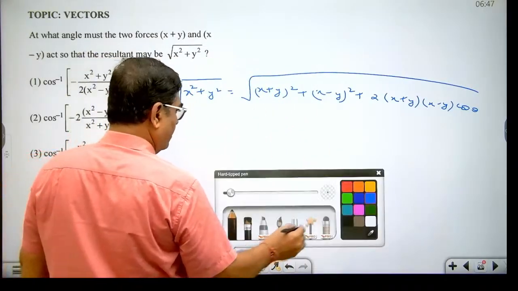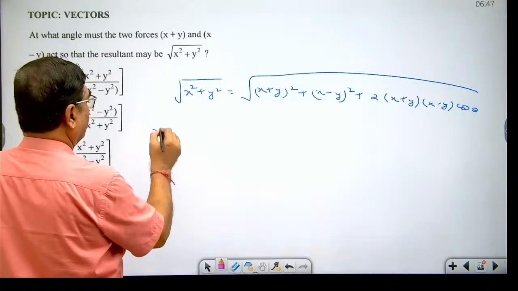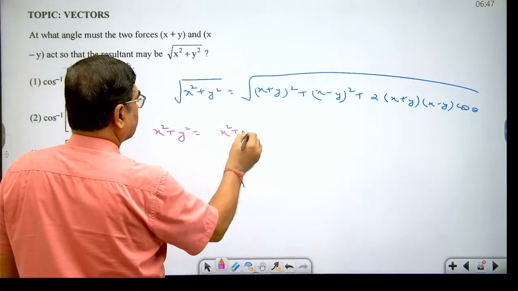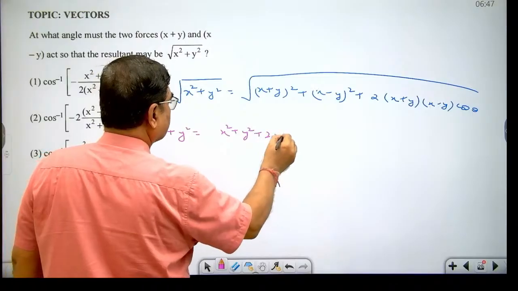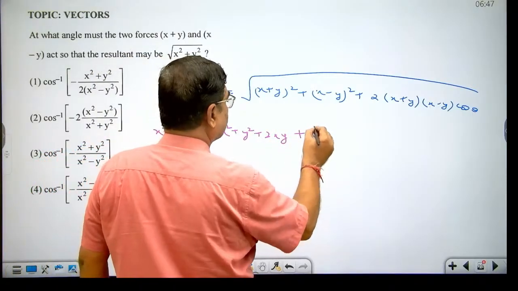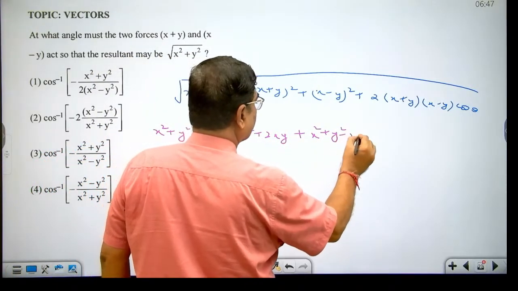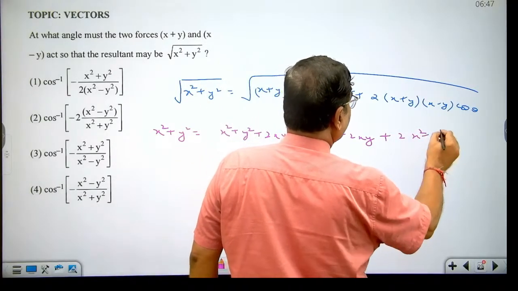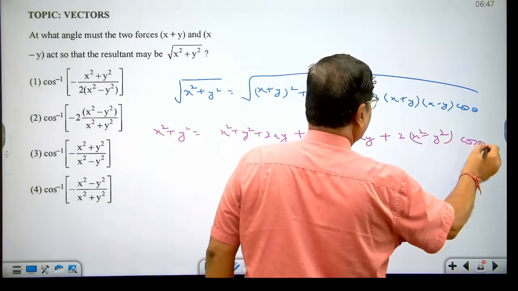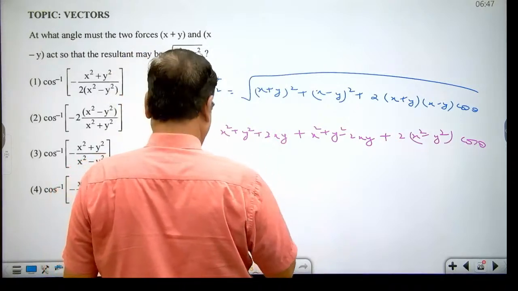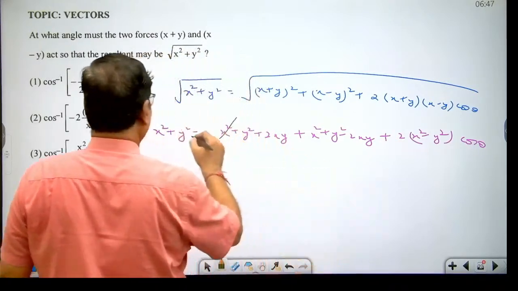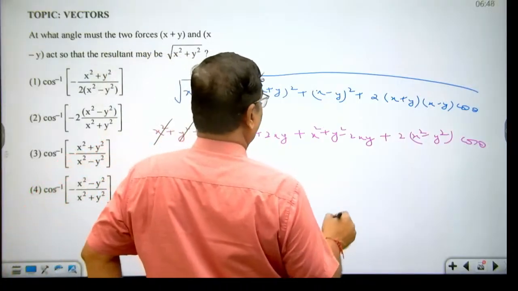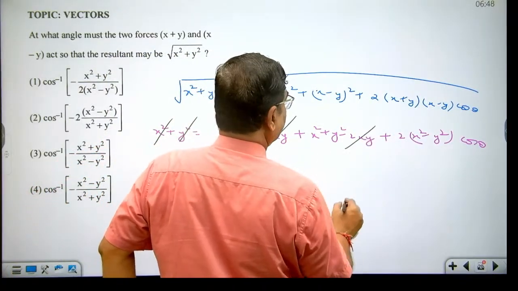Now make the square on both the sides. We will get x square plus y square equal to x square plus y square plus 2xy plus x square plus y square minus 2xy plus 2 into x square minus y square cos theta. If we solve this, x square will get cancelled, y square will get cancelled, okay. So now 2xy will also get cancelled.